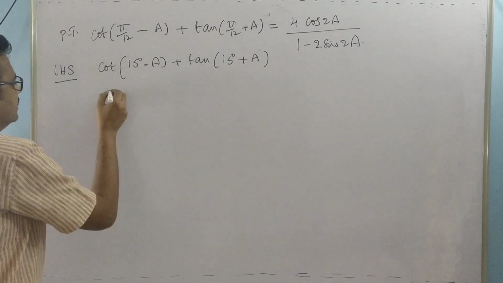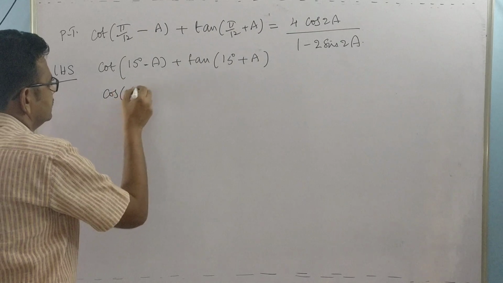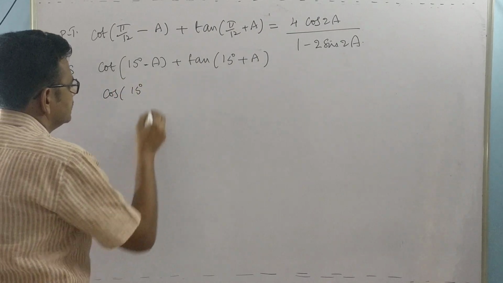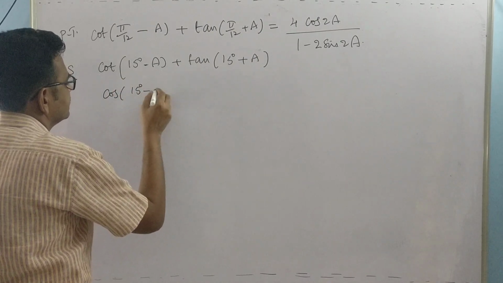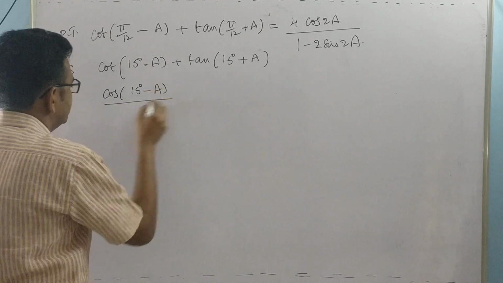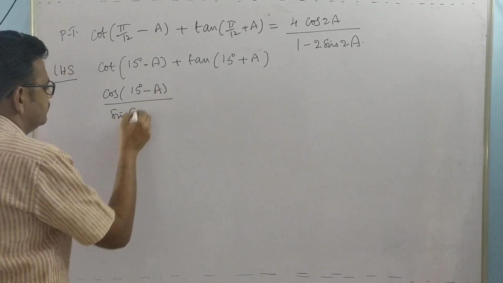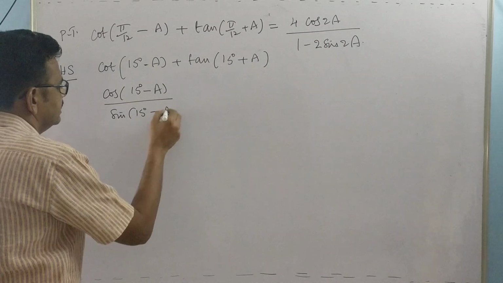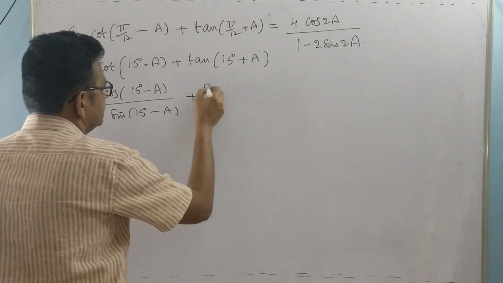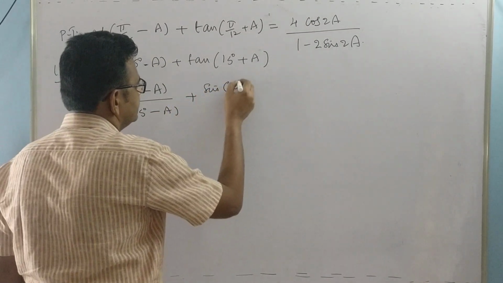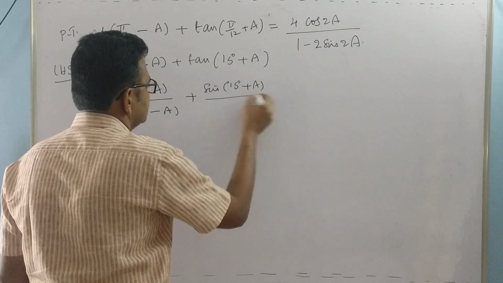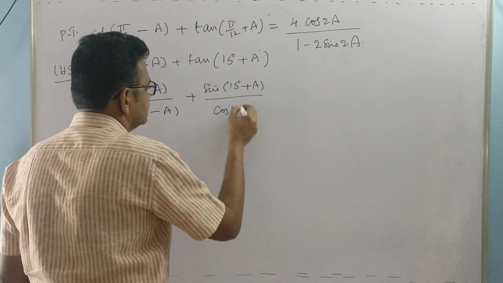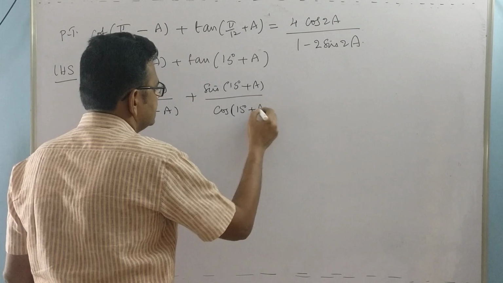So this is cos of 15 degrees minus A by sine of 15 degrees minus A, plus sine of 15 degrees plus A by cos of 15 degrees plus A.